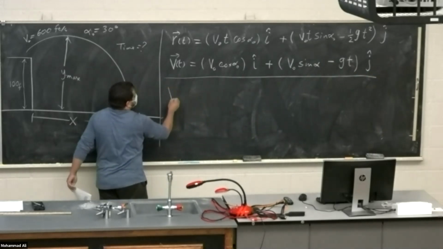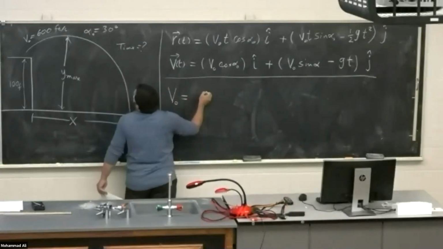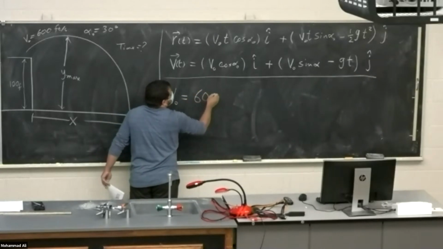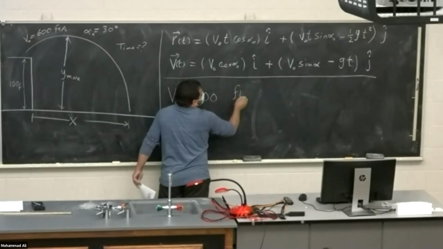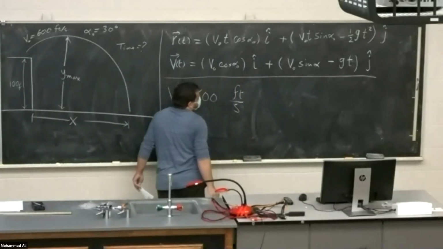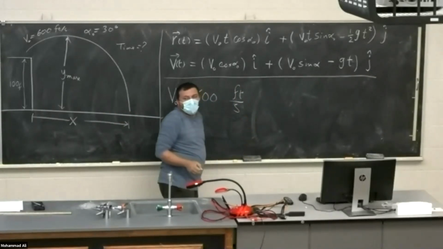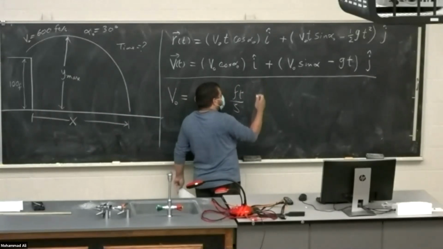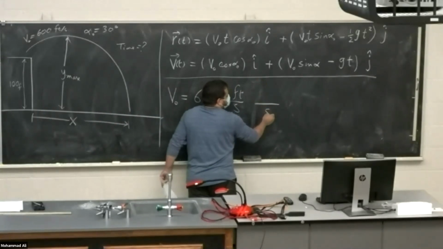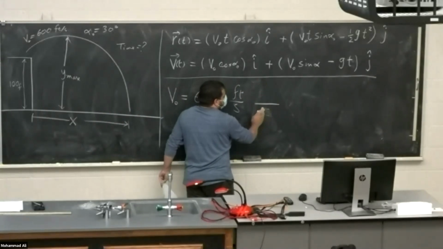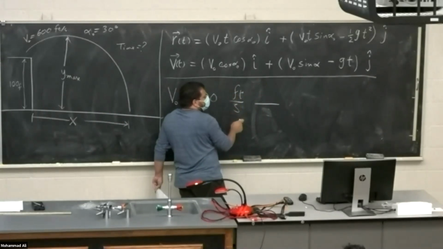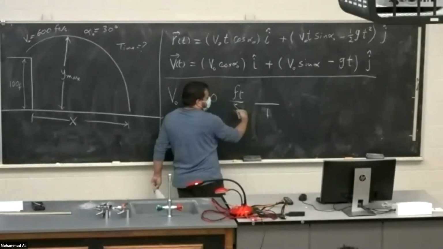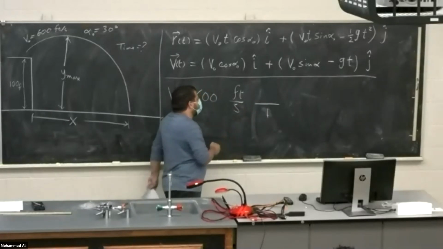V naught is equal to 600 feet per second. I need to multiply it by the converting coefficient. I need just to convert feet, so it is over 1 for seconds because I don't need to do anything with seconds.